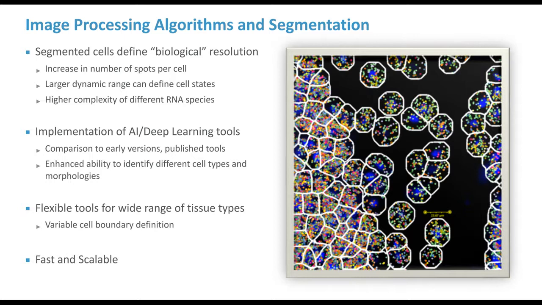This allows us to get a large dynamic range for genes expressed both at high and low levels, and gives a true high level of biological complexity for high resolution of different cell phenotyping comparisons. We've also implemented some deep learning techniques for advanced cell segmentation, which I'll show some brief examples of, to tackle some of the greater challenges with defining cell boundaries. And we're doing this all with the expertise leveraged from our experienced software and engineering teams to make this very fast and very scalable.